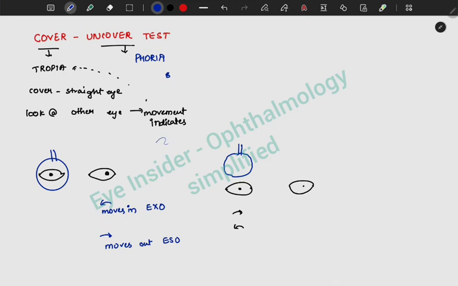So in this way, the cover uncover test is useful in case of manifest squint to know whether it is tropia or phoria. So this is in case of the patient with manifest squint.